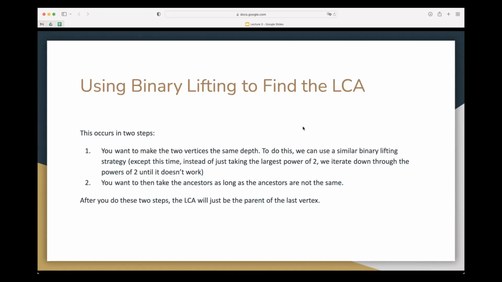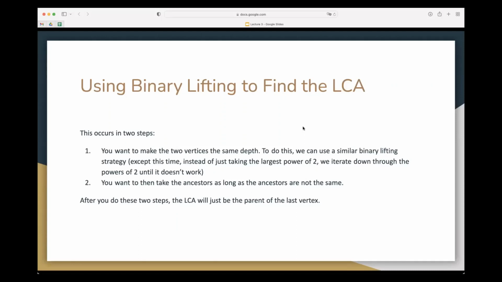Then you take the 2nd ancestor, let's say that makes them different, then you do that, and after that you take the 1st ancestor. If they're still different, then you go there, and after that you'll end up with 2 nodes with the same parent, and the parent of those 2 nodes is going to be the LCA.